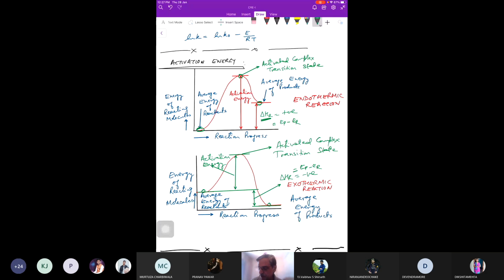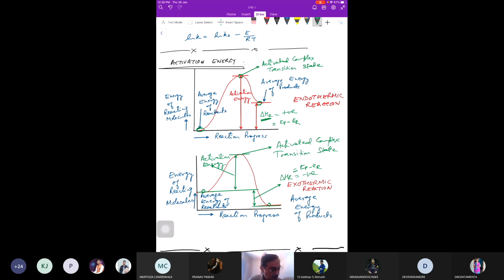Heat is evolved. That means we have to cool. In an exothermic reaction we have to continuously remove the heat of reaction by cooling. Cooling could be through water, chilled water, or some refrigerating system. But we have to remove the heat to sustain the reaction. That is why we will look at heat of reaction, I think in unit 4 or 5, and how it affects the reaction.